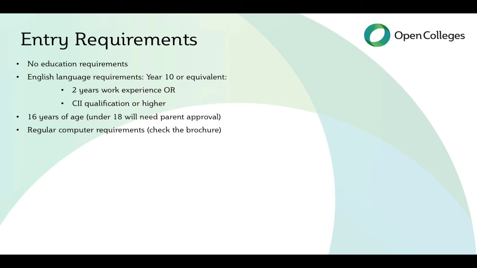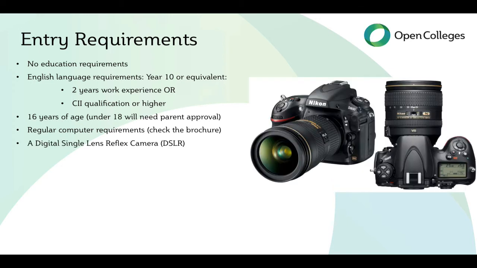There's no other special equipment that students will need except for a digital single lens reflex camera, or a DSLR camera. As I mentioned before, students will need a DSLR camera to complete the course. A lot of the course material and assignments are based around using the settings on a DSLR camera.